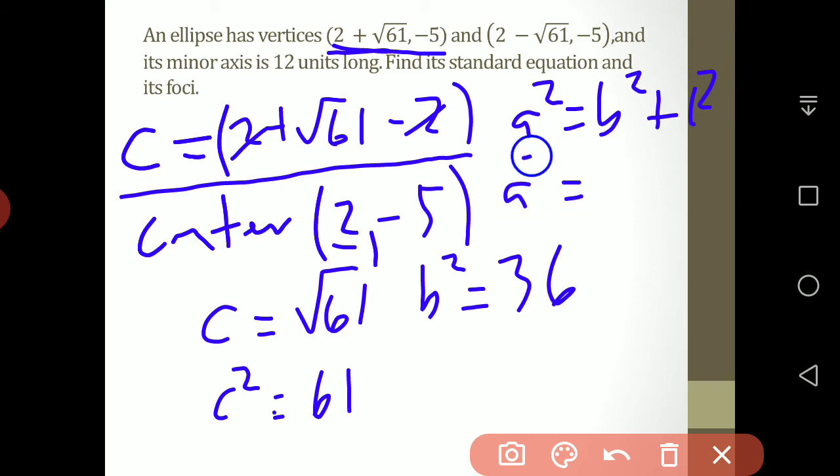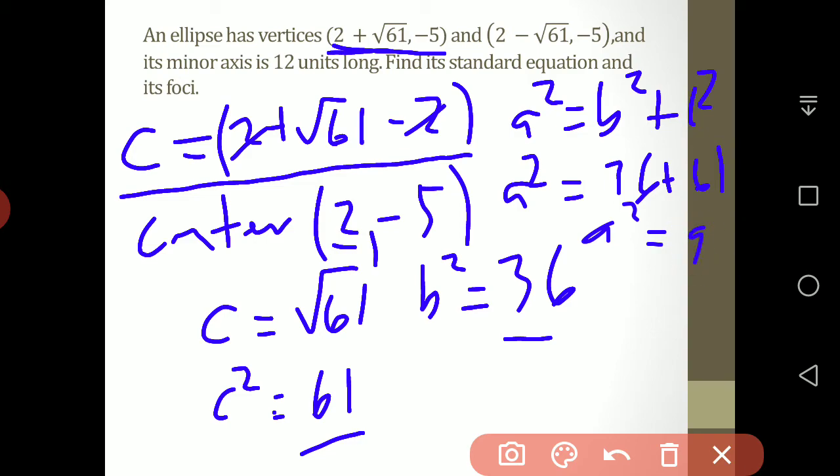So A squared will be 36 plus 61. A squared will now be 97, which means we can already give the equation. That's just our goal.